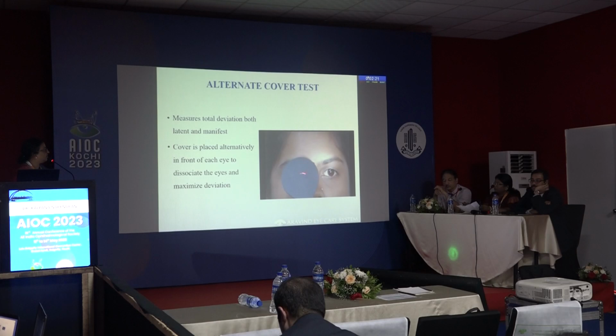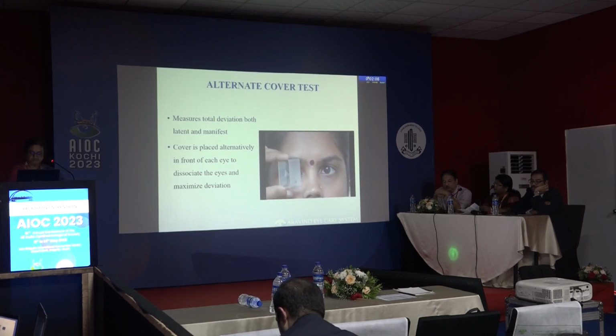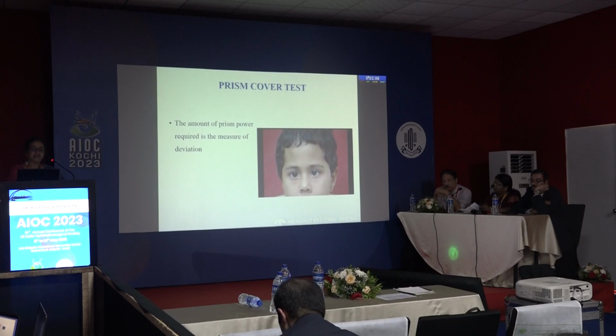Then second is the alternate cover test. It measures both the manifest and the latent deviation. So you dissociate the eyes for maximum deviation and then you do the measurement of the prisms. So this is the alternate cover test and this is the prism cover test. This will give you the diopters of prism, how much you need.